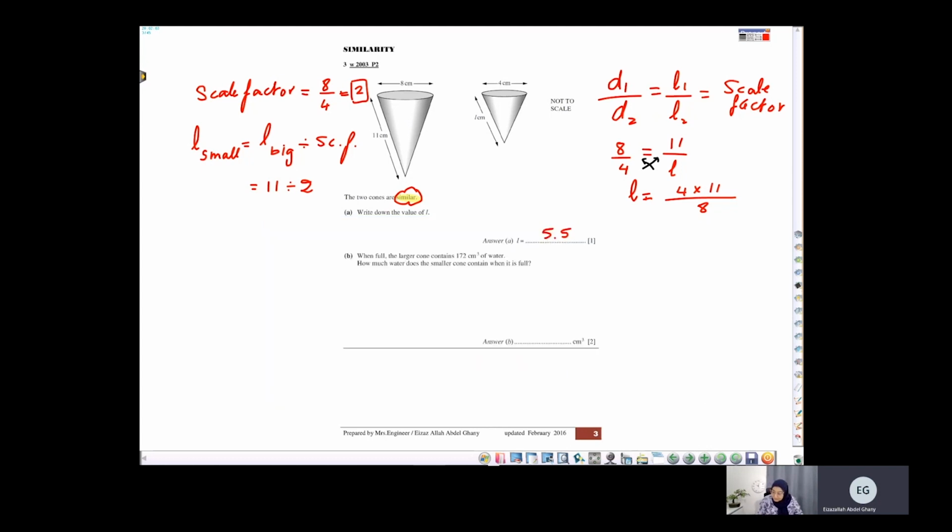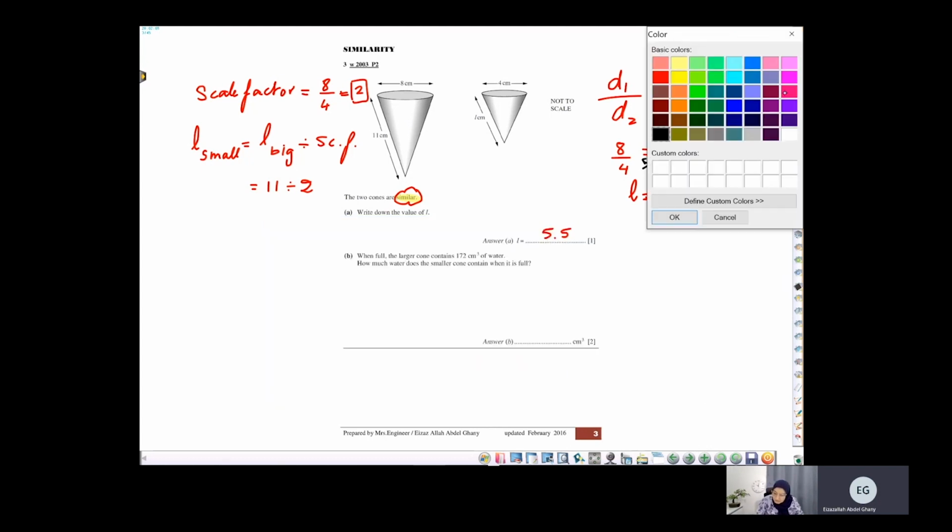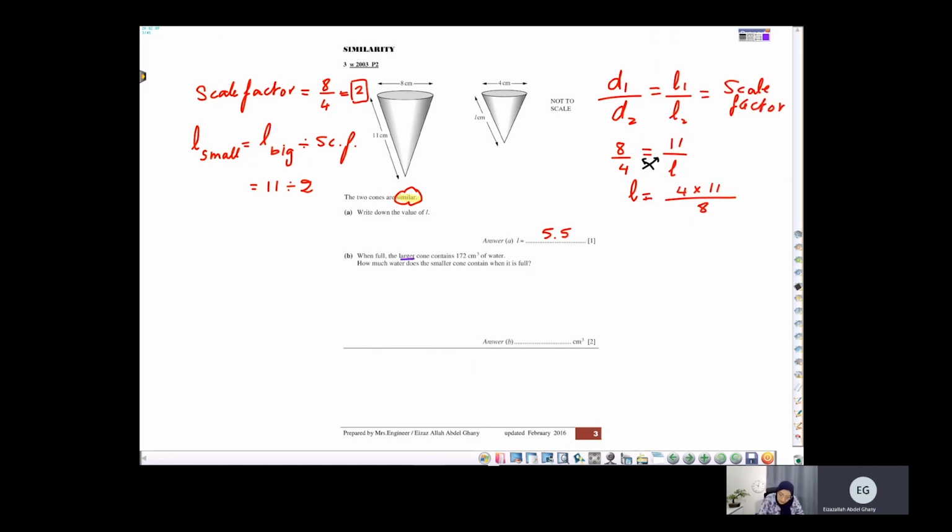If you need, let's write first the information. The larger volume, 172. What is the use of drawing the cone? For our benefit, to write the information on the diagrams. And here the smaller volume, I don't know.